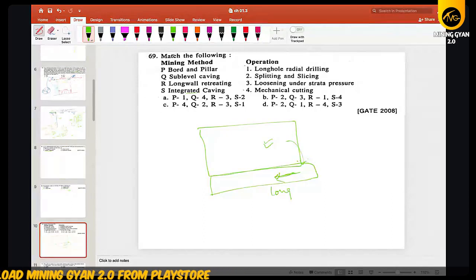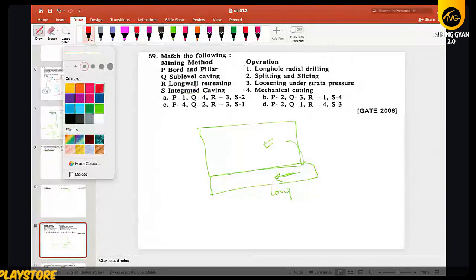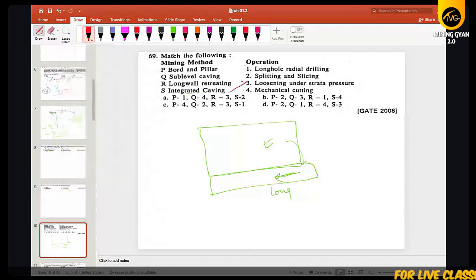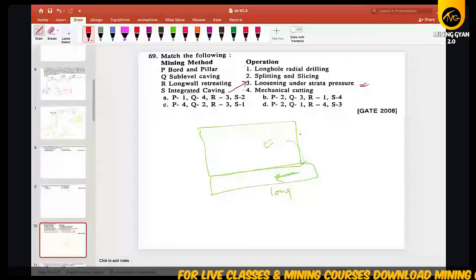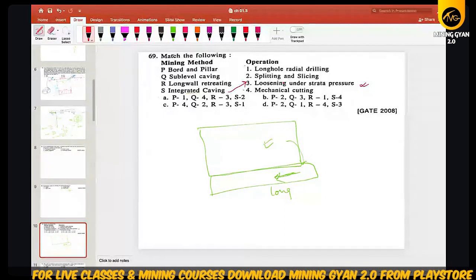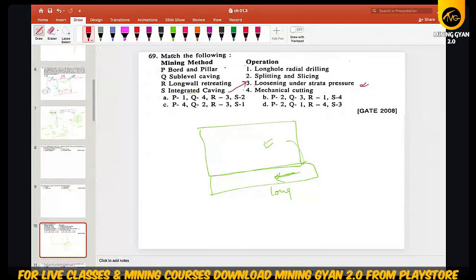So in the integrated sub-level caving, losing under the startup pressure, and splitting and slicing will be in the board and pillar. So it will help you to cut down your options.